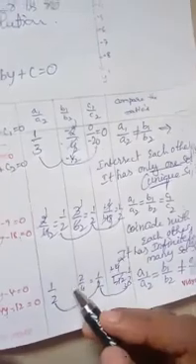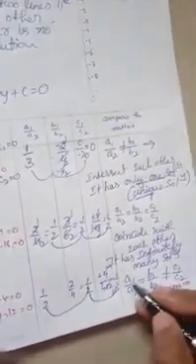When the first and second ratios are equal and the third one is not equal, then we conclude that these two lines must be parallel to each other, and there is no solution. There is no solution.